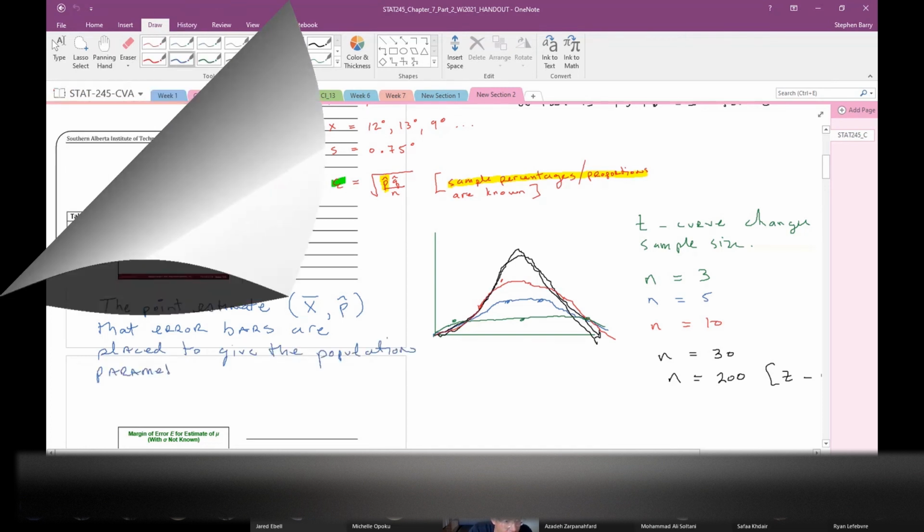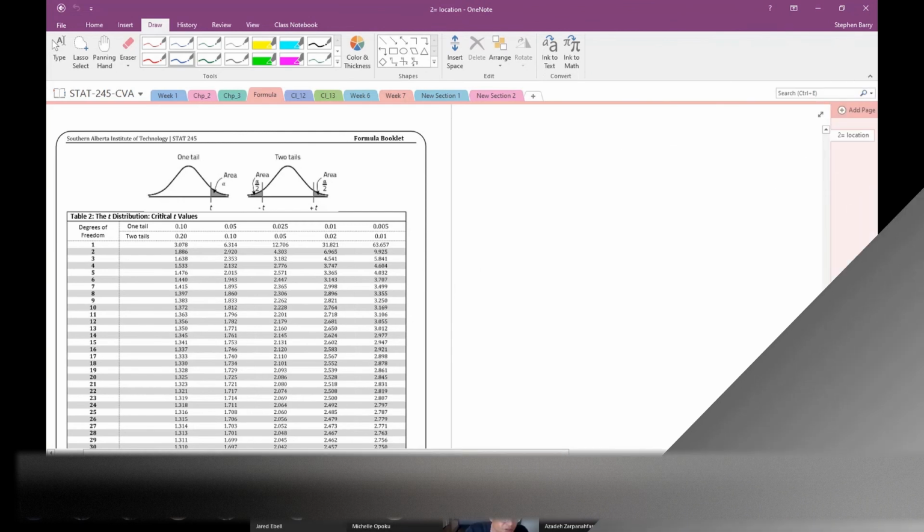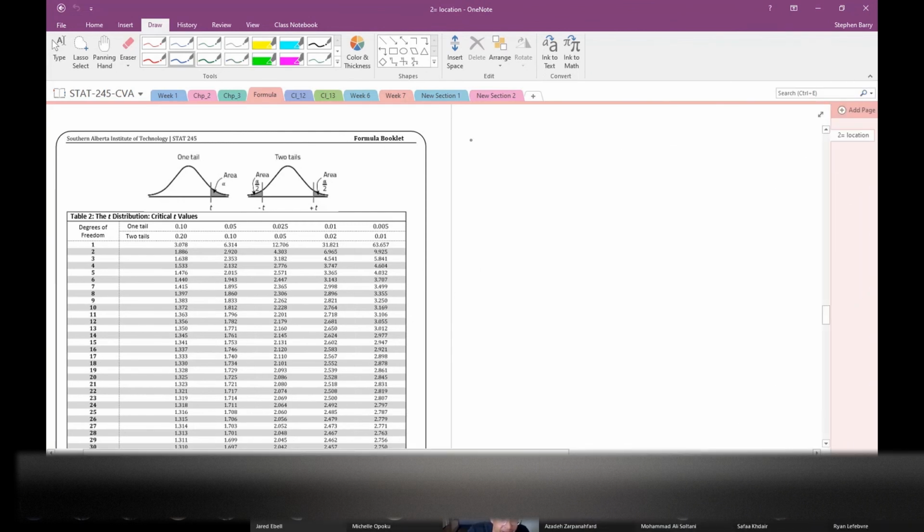So the first thing you have to figure out here is what is your alpha value? Recall from yesterday, alpha represents the total uncertainty in a confidence interval or in a hypothesis test that we do in chapter 8.